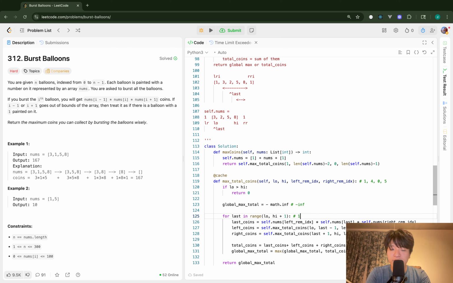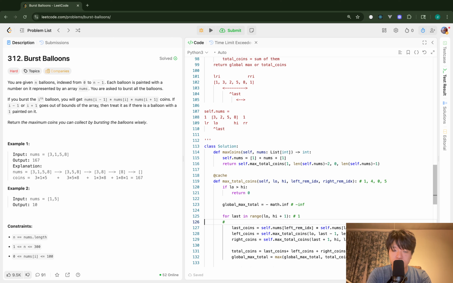When last index is 1, the last coin I can get is self.nums left remaining index, which is 1, self.nums last, which is 3, self.nums right remaining index, which is 1. So in total, it should be 3.